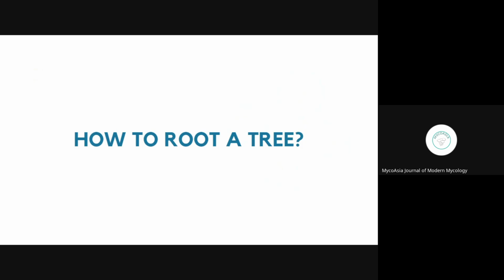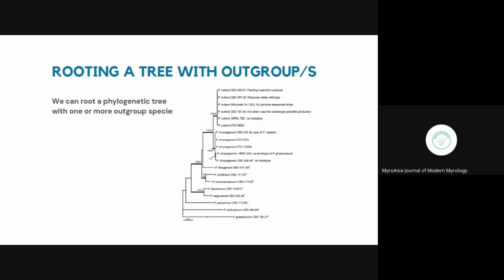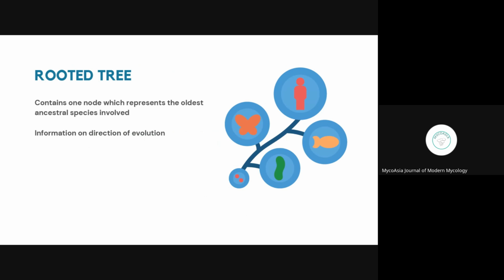How to root a tree? You can root a tree using one or more outgroup species. For example, if you're studying only human beings, then fishes can be an outgroup, actually a root.